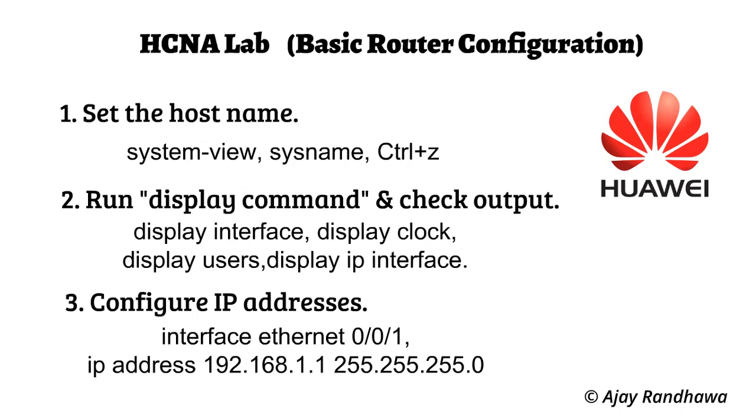So you can check the second practical is complete: the display interface, display clock, display users and display IP interface commands. Now my third practical is configuring an IP address on interface Ethernet 0/0/1, and the IP address I am configuring here is 192.168.1.1, and the subnet mask is 24, which is 255.255.255.0.